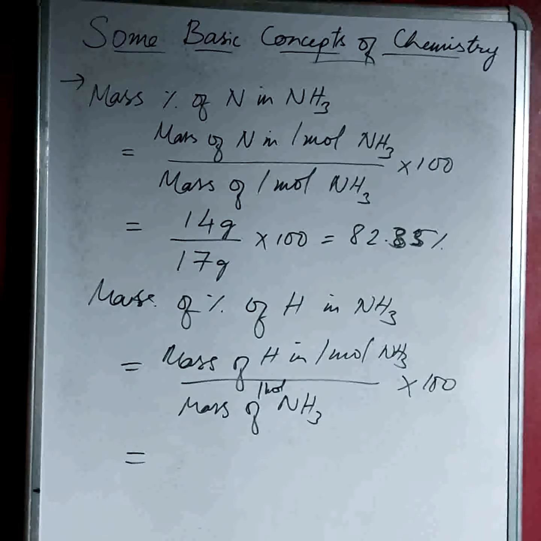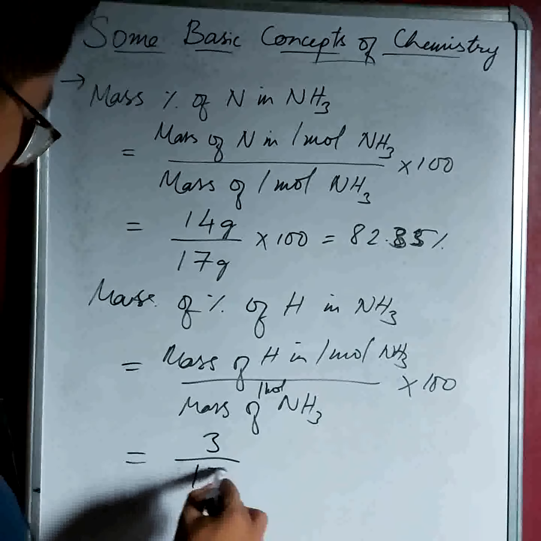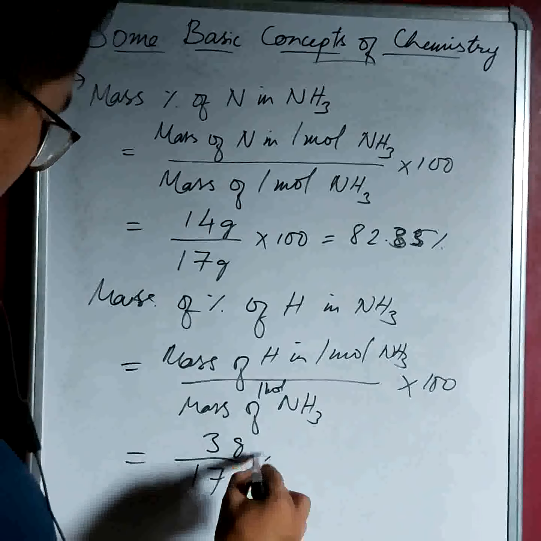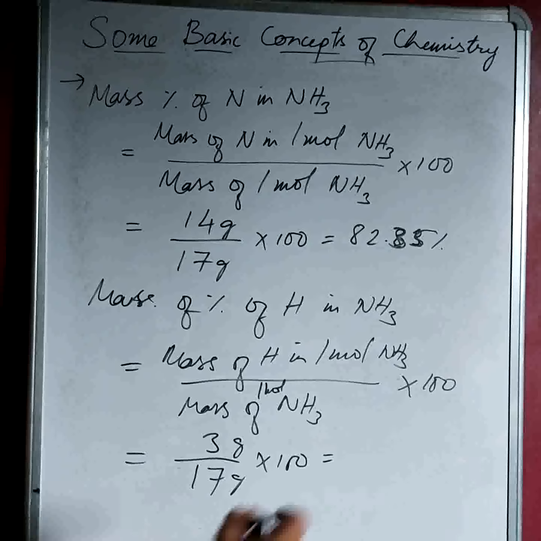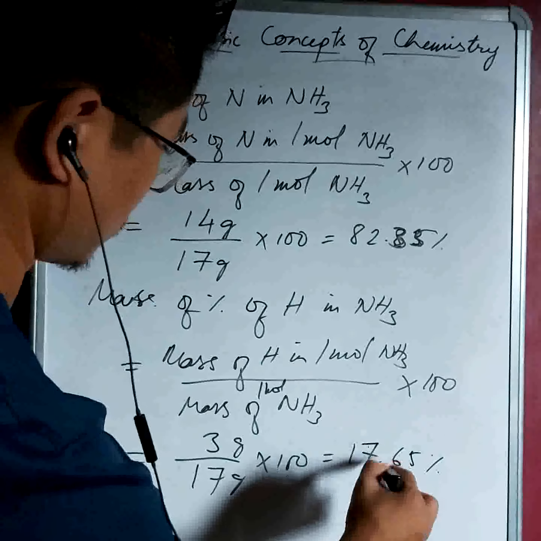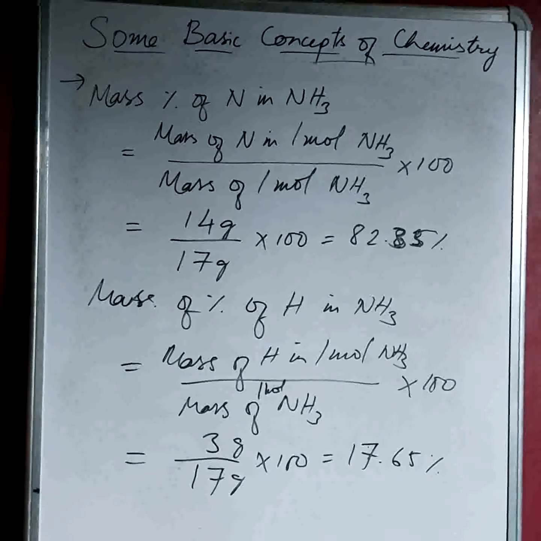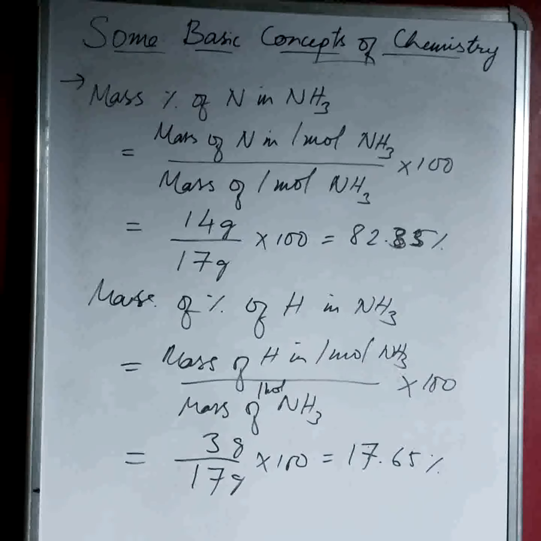The mass of hydrogen in 1 mole of ammonia is 3 grams, and the mass of 1 mole of ammonia is 17 grams, which gives us 17.65%. That's how we calculate the percentage composition in each compound.